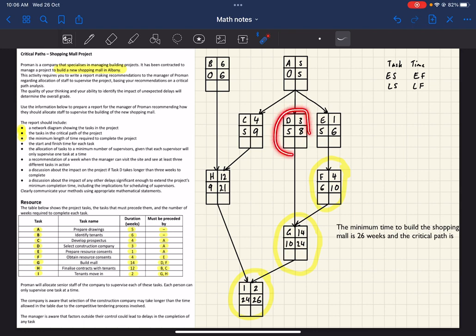Looking at this one, it just has to finish by 10 because it leads on to 10, but it can finish at 8. So it could finish at 8 or delay until 10 and it would still not impact the whole project. So that one's not in the critical path.